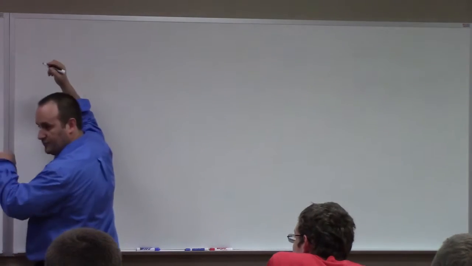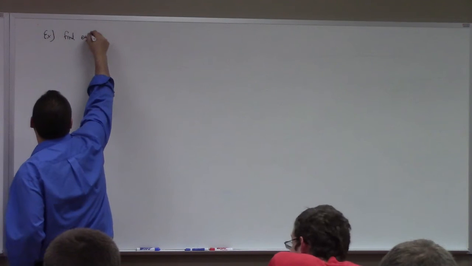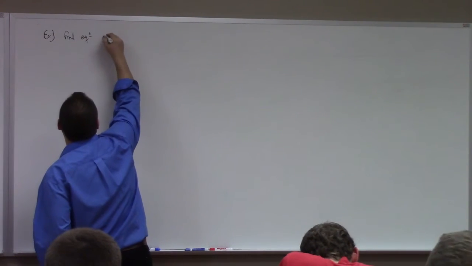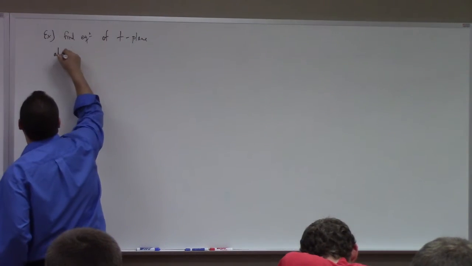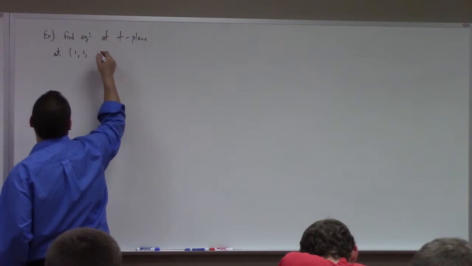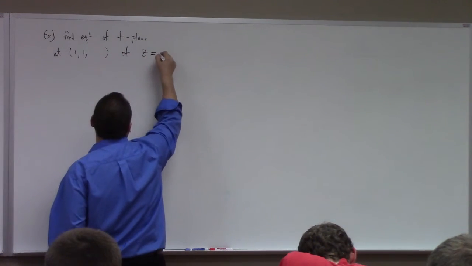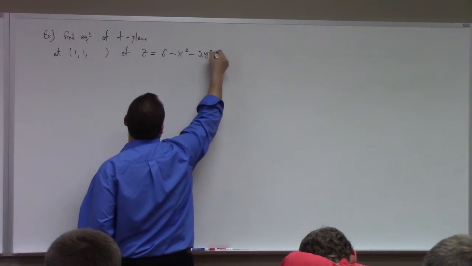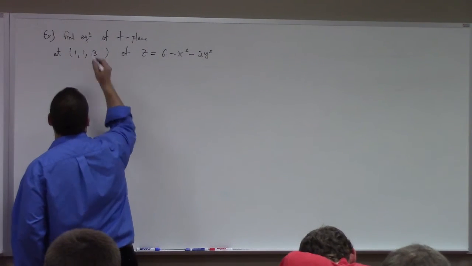So let me bring this back down to earth for a second. Find the equation of the tangent plane at 1, 1, I'll fill in the blank in a second, of z equals 6 minus x squared minus 2y squared. Apparently 3.